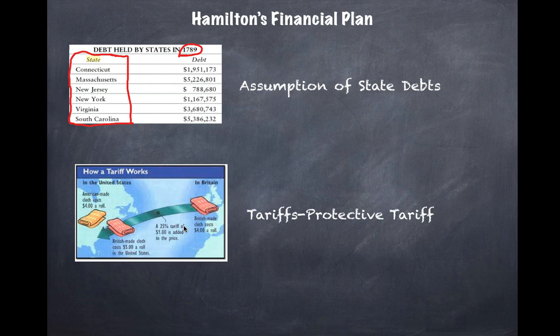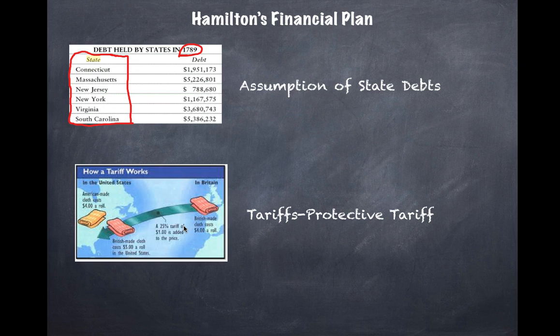Hamilton did this for a reason, which was to make people look to the national government as the strong financial authority rather than the state governments. So somebody from Connecticut who was owed money from buying a bond during the Revolutionary War from the Connecticut government wanted to be paid back, he would want to make sure that the Connecticut government stayed strong.